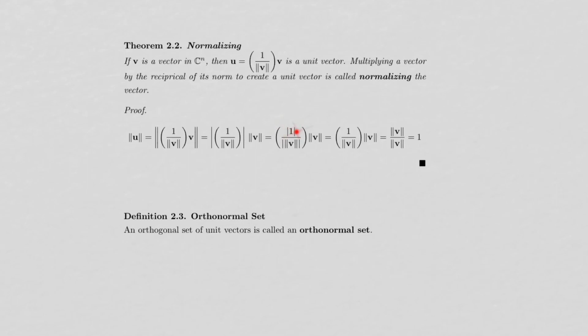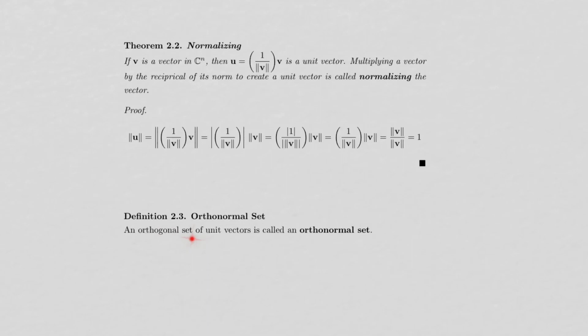So the modulus of 1 is 1. And as we saw before, the modulus of a norm is just the norm. And then I've got 1 over the norm of v times the norm of v. So the norm of v divided by itself, you could think of it that way. That's just 1.